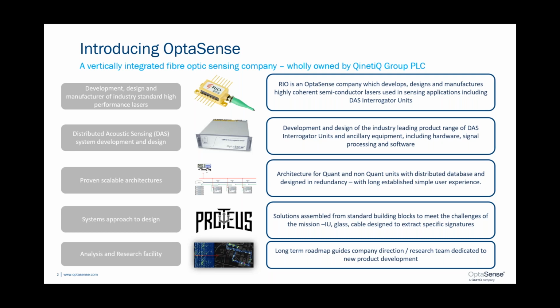We produce them out of our Santa Clara factory in California. We develop and manufacture a range of acoustic sensors, interrogation devices. We develop our own scalable architecture for spanning some very large distances. Our largest project is around 1,800 kilometers long.